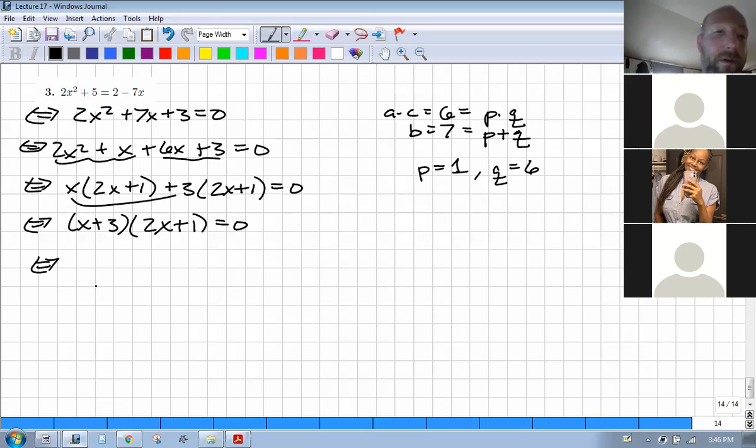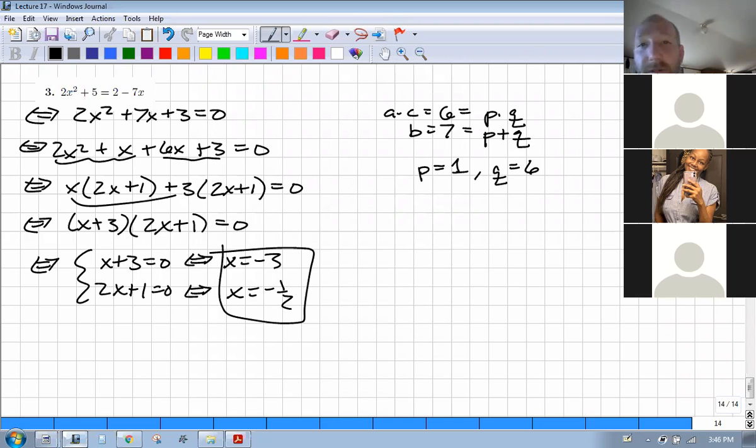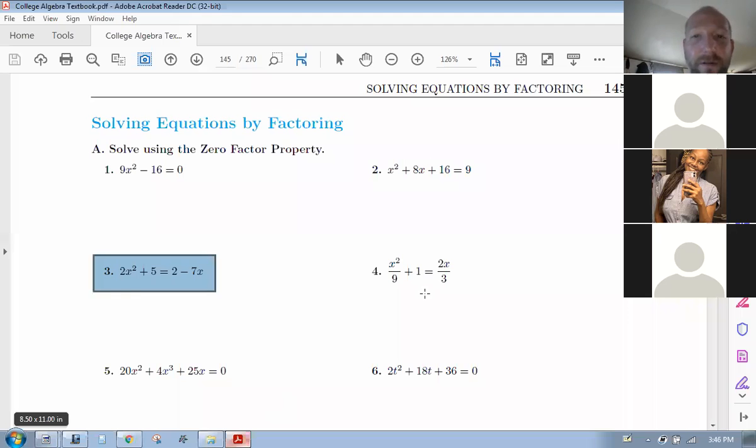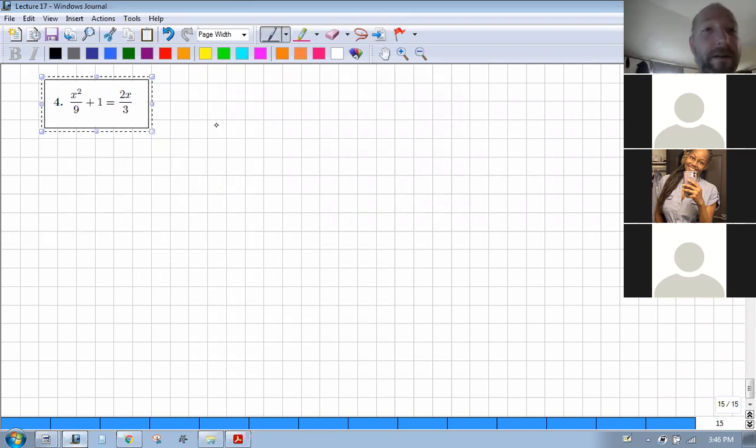So either x plus 3 is 0 or 2x plus 1 is 0. So this tells us x is minus 3. This tells us x is a negative 1/2. And we have our solutions. We're going to do a lot of examples of these today.